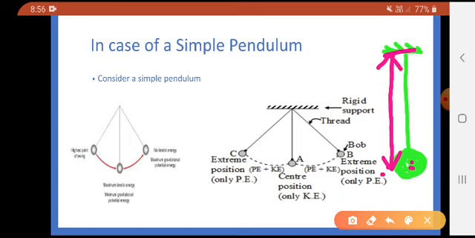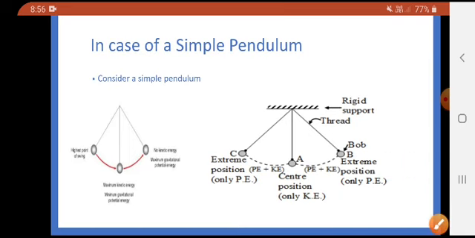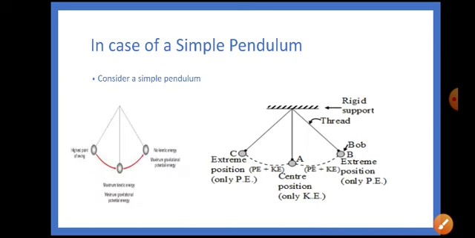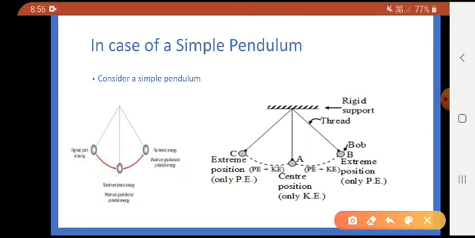So this point is a reference point. Here this is a simple pendulum. This point is the reference point, and this is the length of the pendulum. Right?